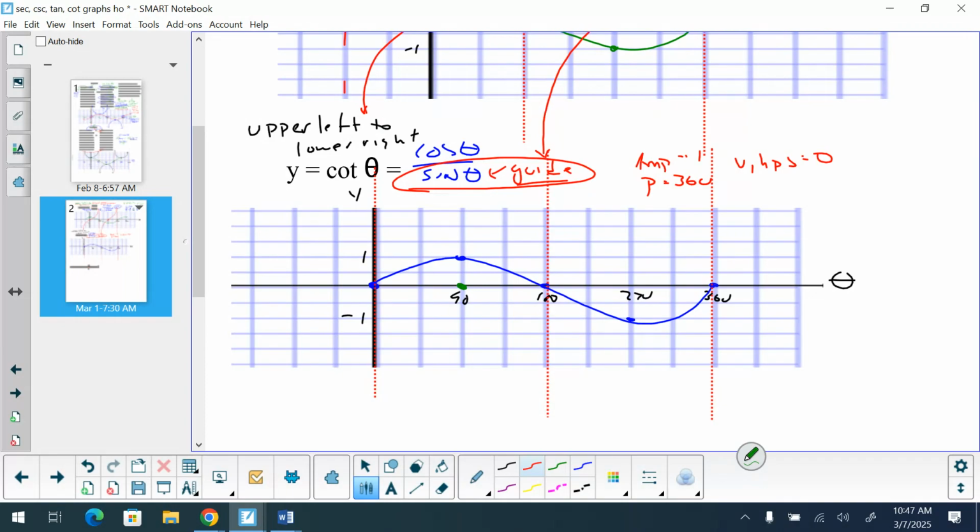We still hit the halfway point. And once again, we don't need to draw both of these in, but we can. If I have asymptotes there, I usually do.